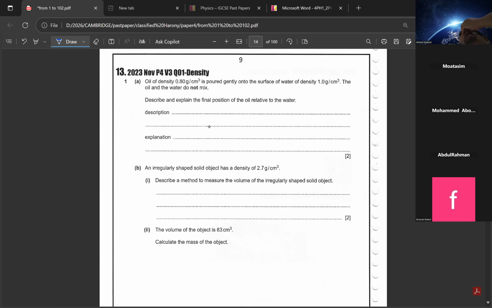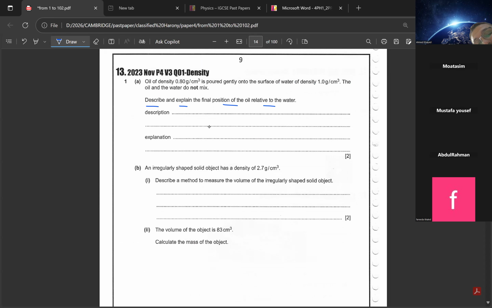Now the next. So I am asking you, Mustafa Yusuf. Okay, Mr., do you want me to read the question? Just read it and solve it. Oil of density 0.80 gram per centimeter cube is poured gently onto the surface of water of density 1.0 gram per centimeter cube.